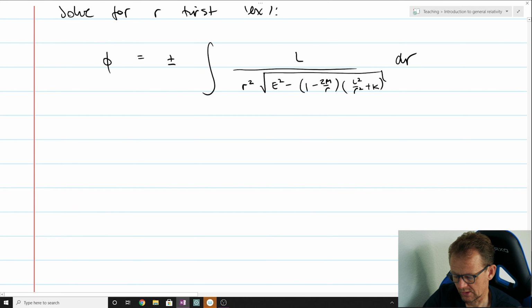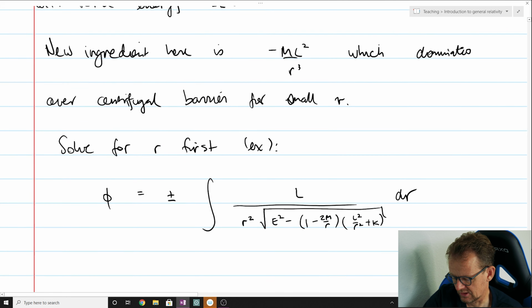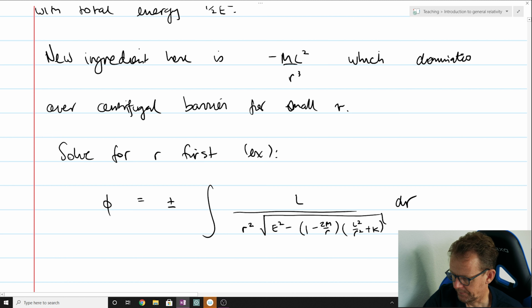And that's it. We've already worked out the angular motion now. Oh, I even skipped a step. Sorry about that. I've already jumped ahead. So I'm not solving for r at all.